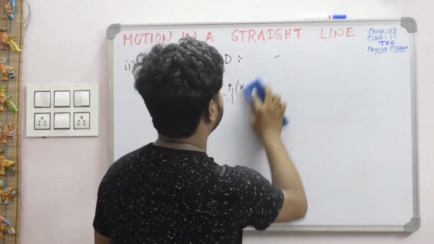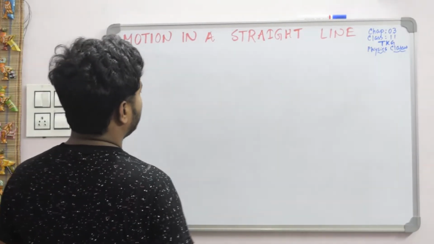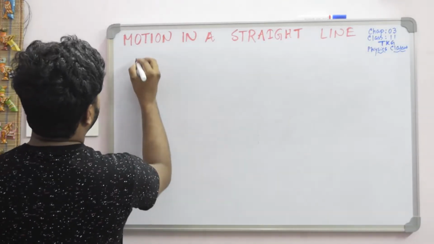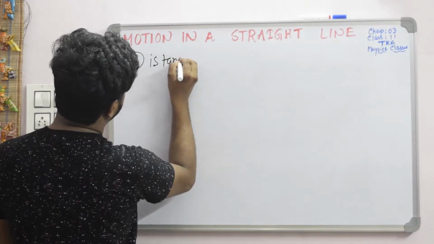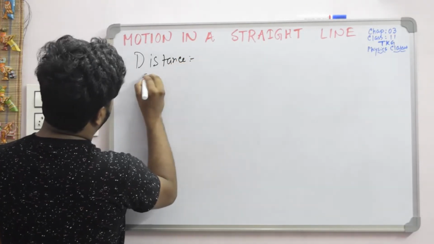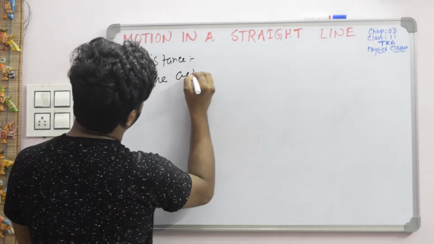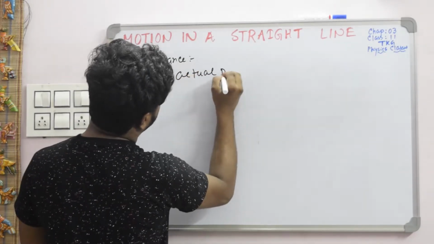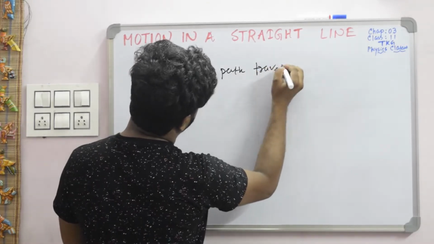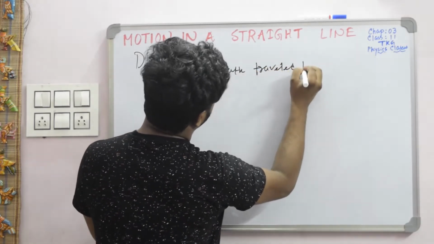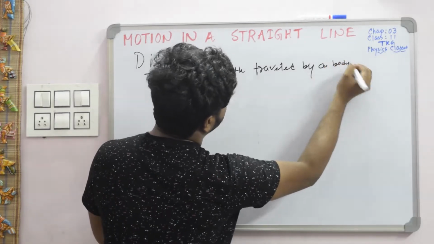So what is distance, which you learned in class 9 or maybe 8? All of you know that distance means the actual path traveled by a body.